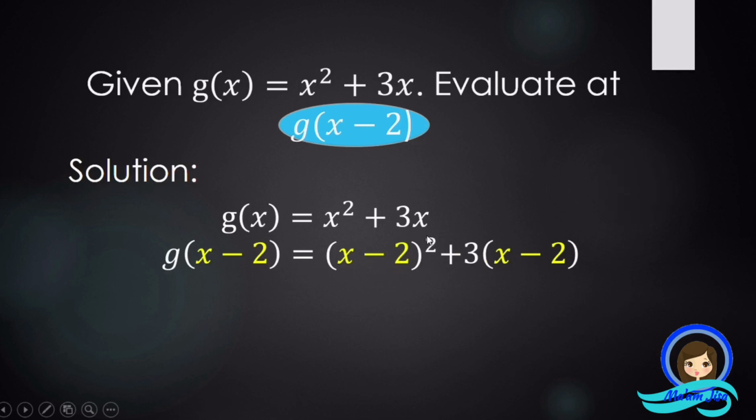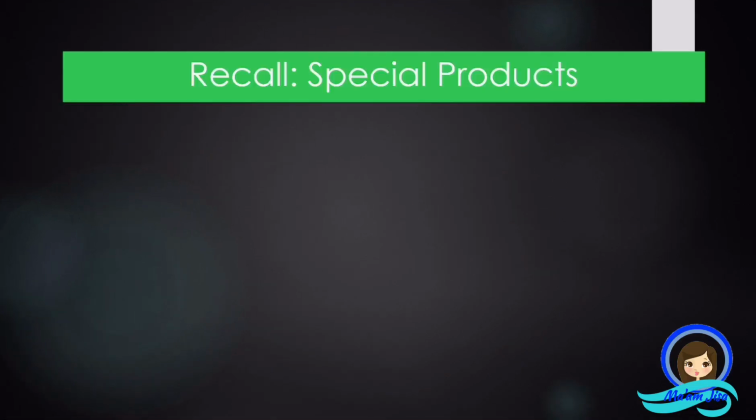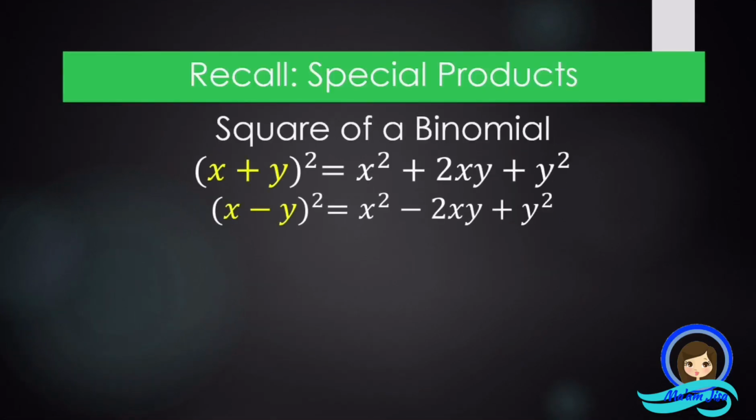Now, you may wonder how to find the square of quantity x minus 2. So, just a short recall on special products, particularly on the square of a binomial. The general rule there is this.